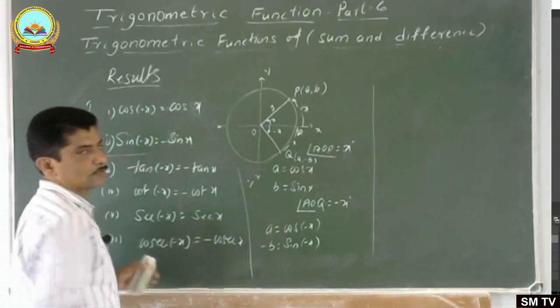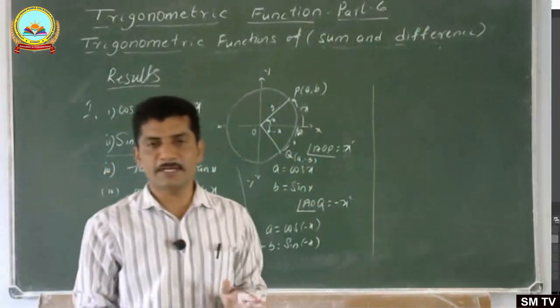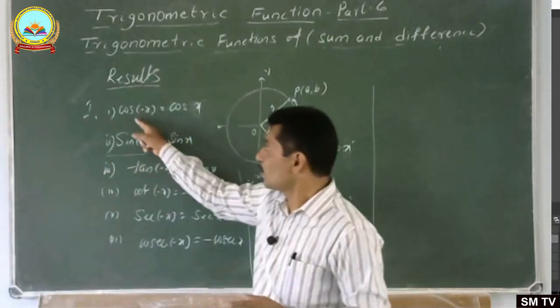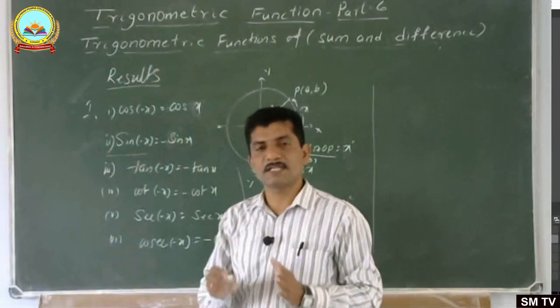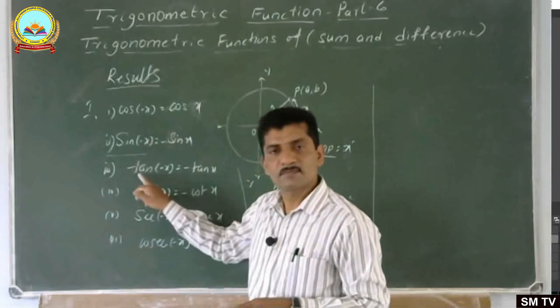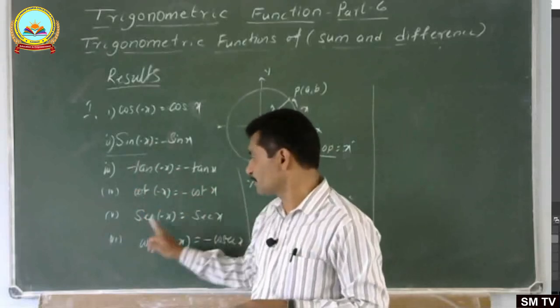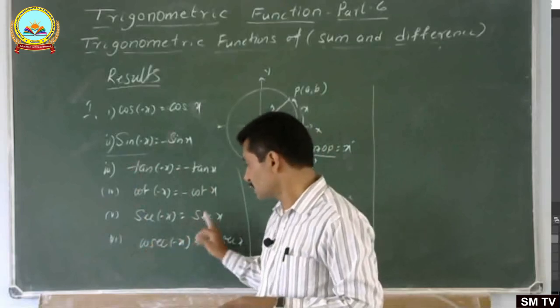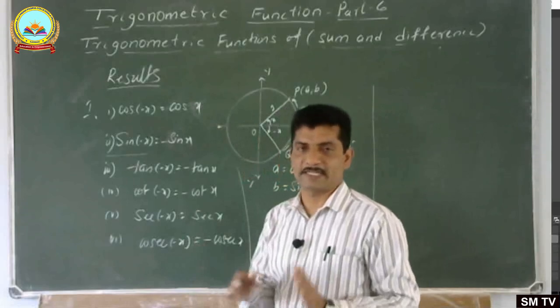Only the two results are proved here. With the help of sine and cos, you are proving the other trigonometric functions. It means cos of minus x is plus cos x, sine of minus x means minus sine x. Similarly, using these two results, you can say that tan of minus x is minus tan x, cot of minus x is minus cot x, secant of minus x is secant x, and cosecant of minus x is minus cosecant x.